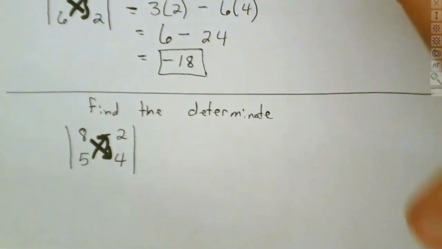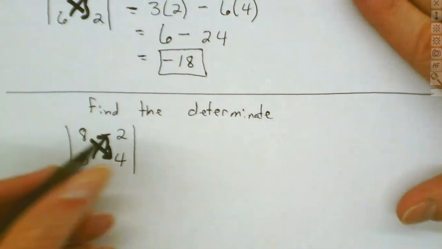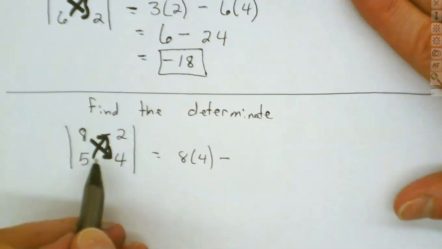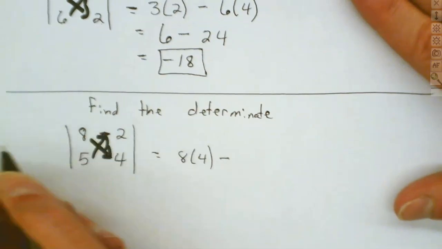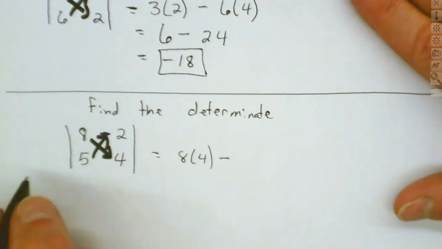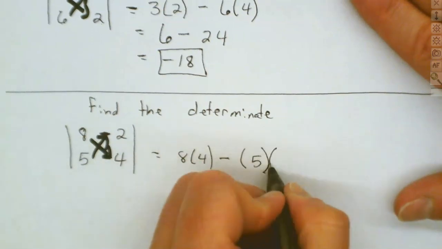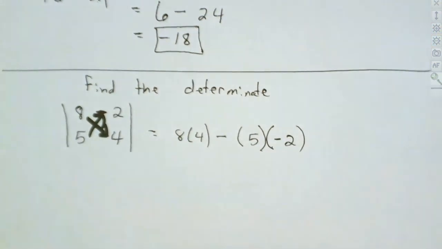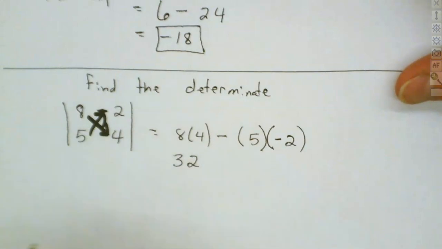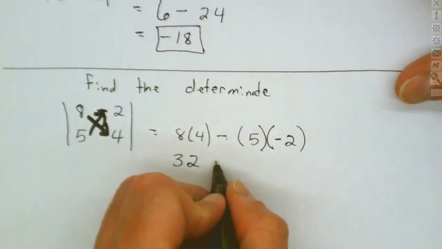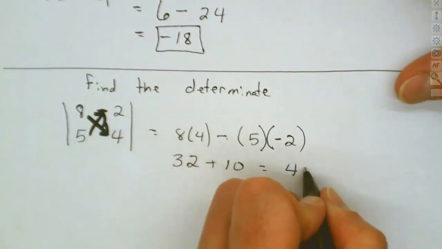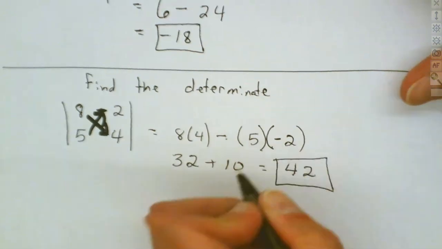So we have, watch your negative signs here, 8 times 4, going down, minus. Now be careful with the negative. So we subtract off what comes up, and that's a negative there. So we're going to take then 5 times that negative 2. Okay, so it's just down and then subtract up. And we've got 8 times 4. Well, 8 times 4 should be that 32. And watch your signs here. Negative and negative makes it a positive. 5 times 2, that makes it a 10. Putting them together, your determinant then is 42.